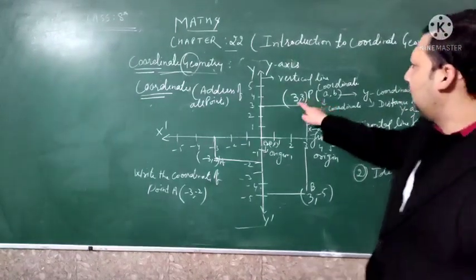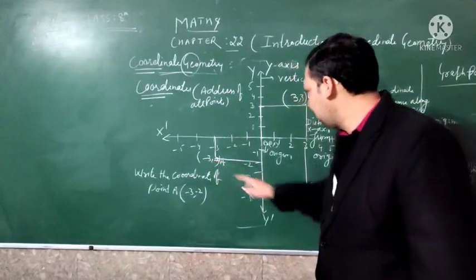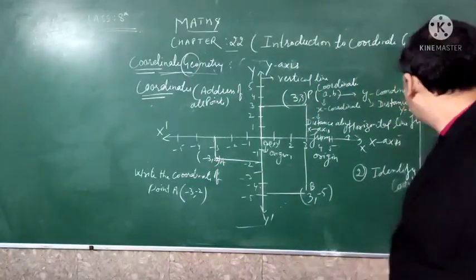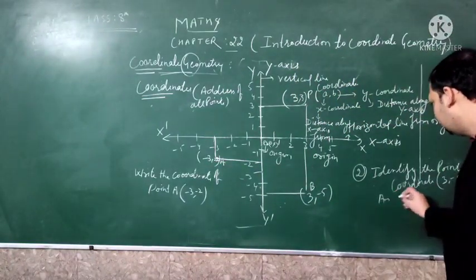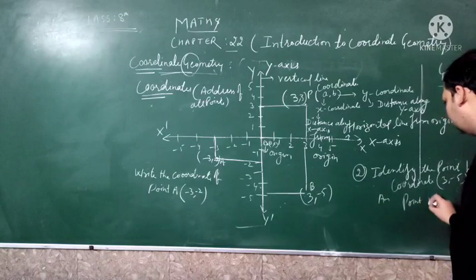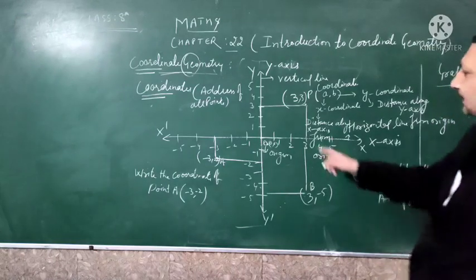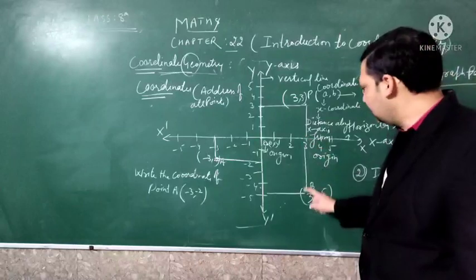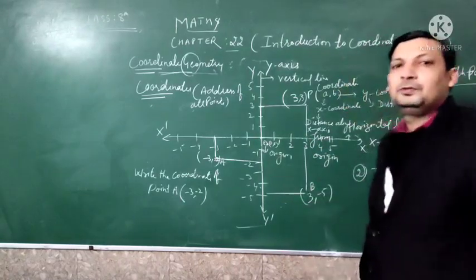So see (3, 3), (-3, -2). So only point B. So answer is point B, because point B consists of x coordinate 3 and y coordinate -5.